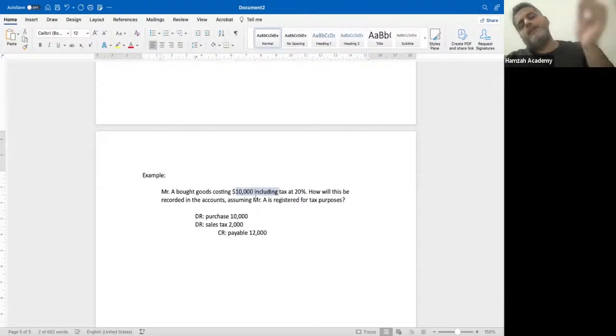This is something which already includes tax in it. So why are you recording this at 12,000 when the total amount which you have paid inclusive of tax is 10,000, not 12? It should be 10,000 over here, right?